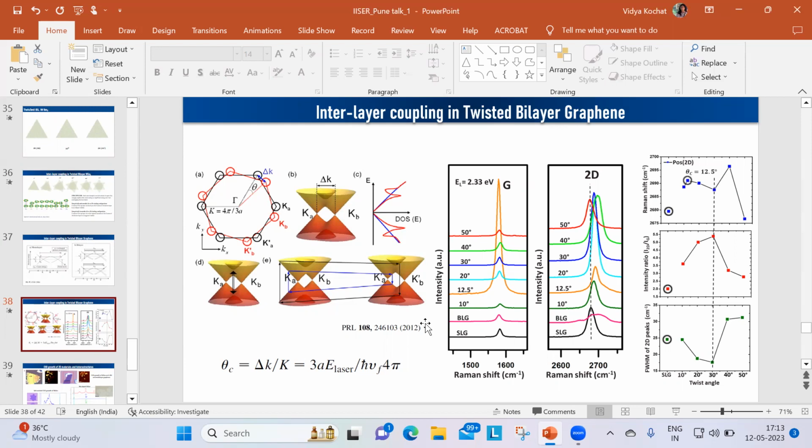The answer is yes, it is as good, because we are able to see this resonant condition. This resonant condition says that there is a strong coupling between the two layers, and we are having these Van Hove singularities, which are again matching with our laser's energy. We calculated this angle using this formula, then we made the sample, and we can see this resonance clearly.